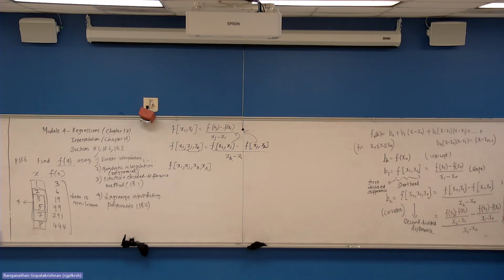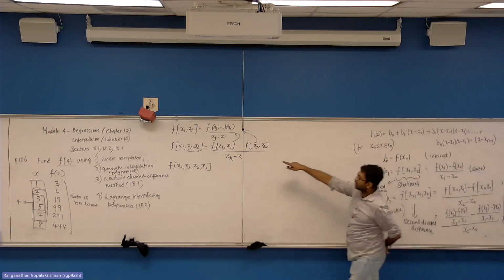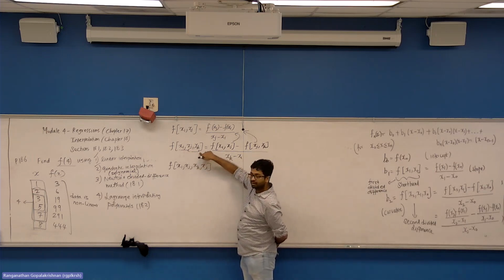Let's say you use points like 8, 9, 10, would you use B8 instead of B0? Yeah. That's why I'm generalizing now in terms of symbols. This can be 8, 9 and 10.